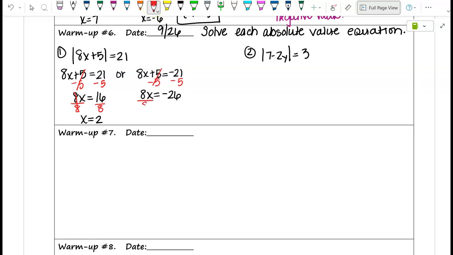Then again, I am going to go in and divide both sides by 8. So x equals negative 26 over 8, which reduces down to negative 13 over 4. So our solution set here would be 2 comma negative 13 fourths.